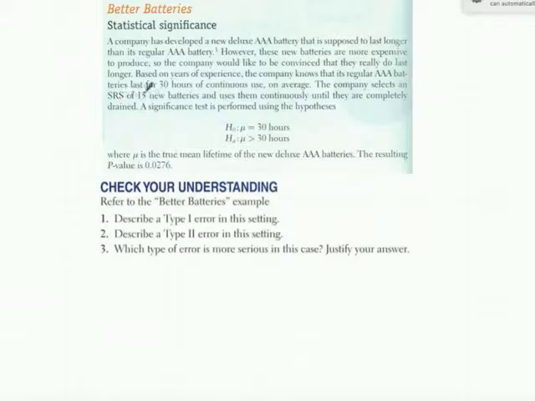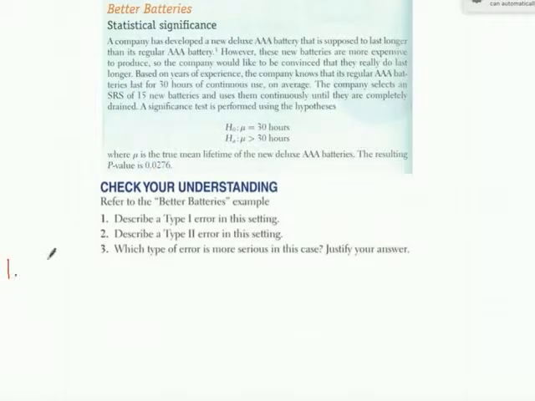The company selects a simple random sample of 15 new batteries and uses them continuously until they are completely drained. A significance test is performed using the hypotheses that the null hypothesis is the mean is equal to 30 hours and the alternative hypothesis is the mean is greater than 30 hours, where the mean is the true mean lifetime of the new deluxe AAA batteries. The resulting p-value is 0.0276.